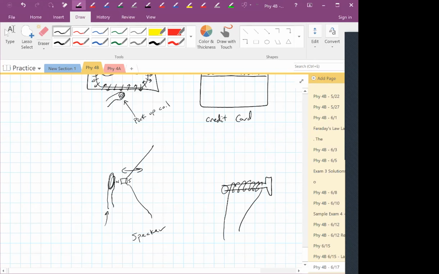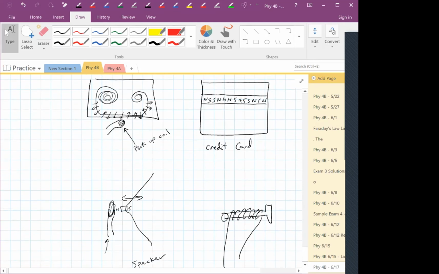So lots of coils and that iron core to intensify the signal. And then instead of running the cassette tape with the magnetic signal across the pickup head, I just held my nail up there over the pickup head on my cassette player, and then the cassette player took that signal and sent it to the speaker.